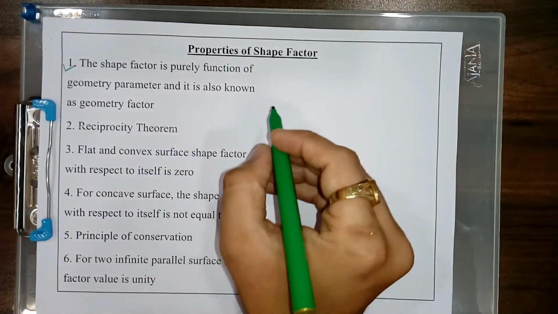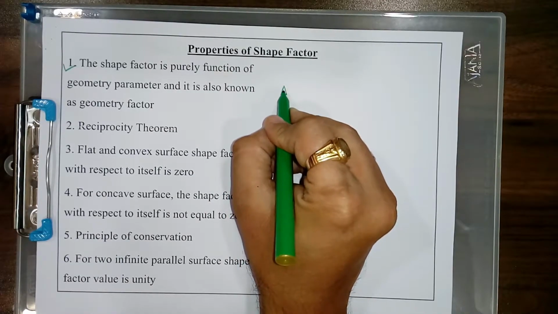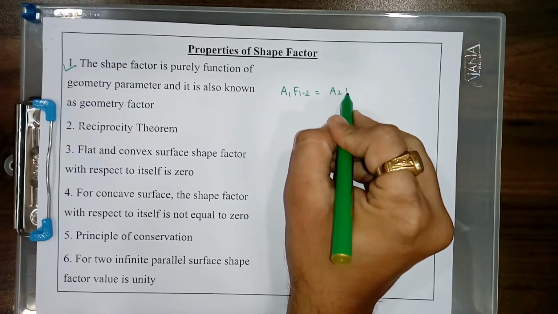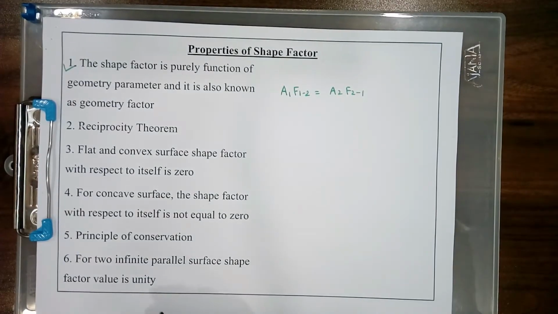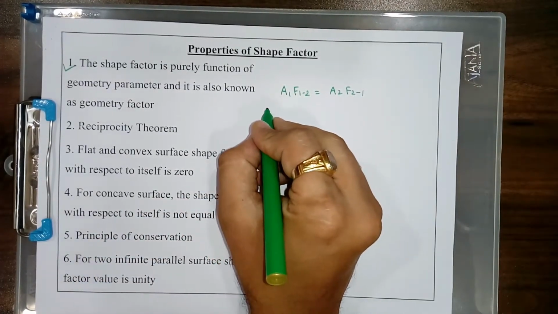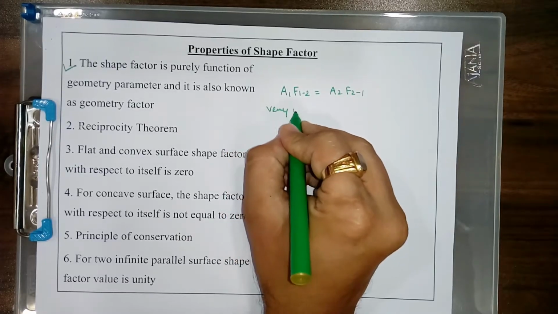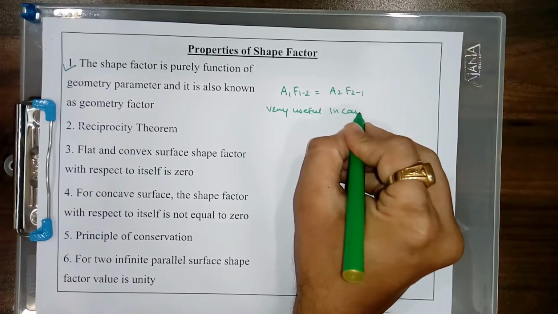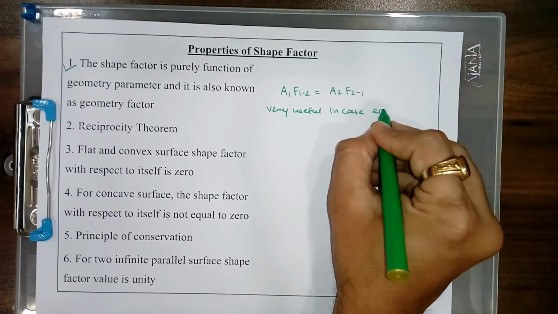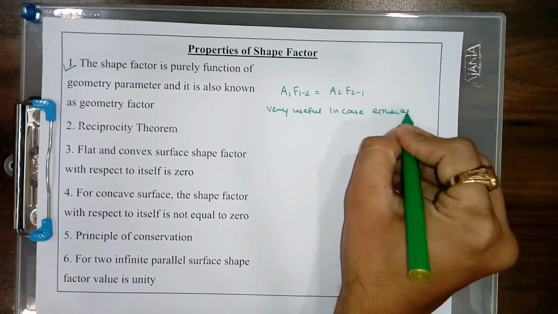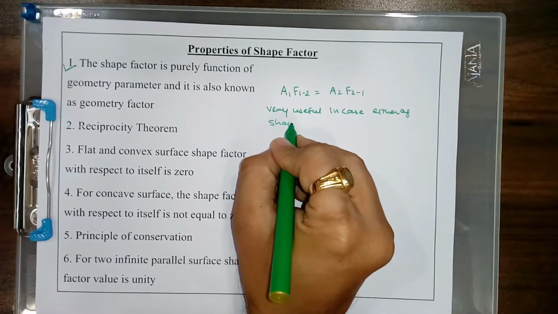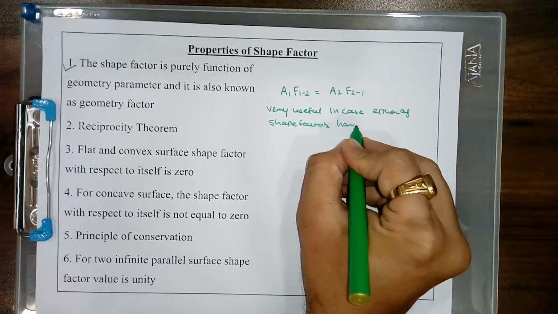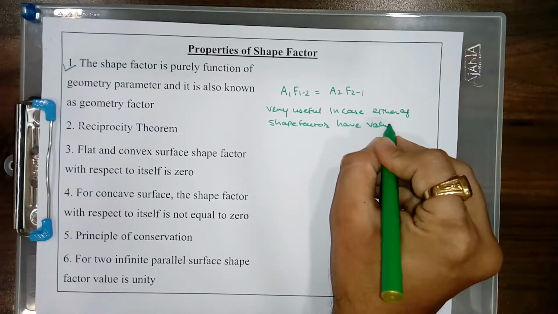Now second, reciprocity theorems. As in the previous lecture we have derived that A1 F12 equals A2 F21. This reciprocity theorem is very useful in a case where either of the shape factors has value 1.